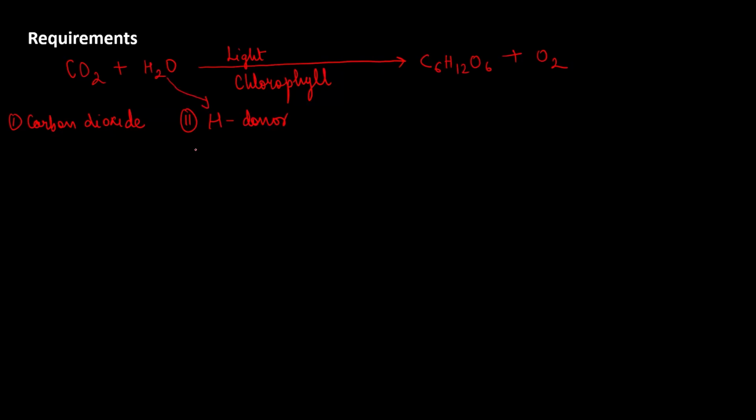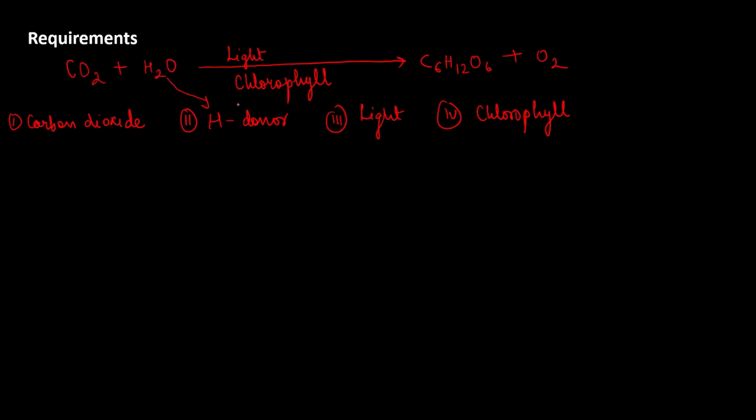But this hydrogen donor can also be changed. That we'll see. Now the third is light. Right. And the fourth is chlorophyll. These are the important components that are required for photosynthesis. If any of these is absent, photosynthesis won't take place.